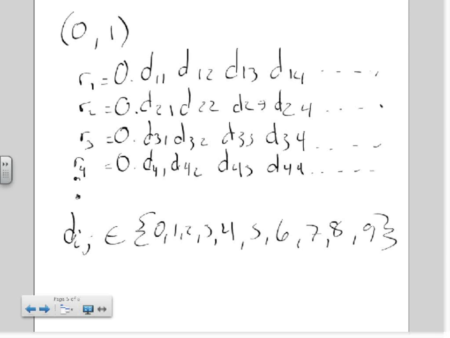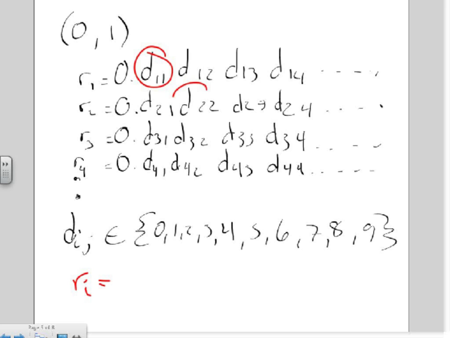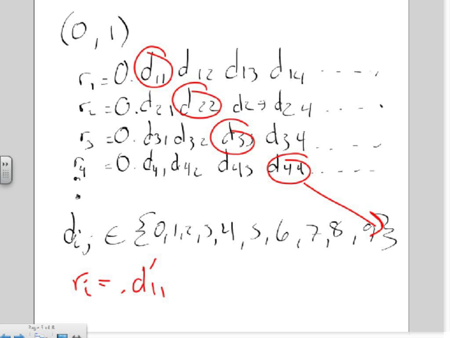Now, we can use the diagonalization argument to show that there's an element that isn't represented before, which would be to take D11, D22, D33, and so on through the end of the set and create a new element by changing each one by the same principle. This would be a new one that wouldn't be represented before. So it would just be D11 prime, D22 prime, etc.